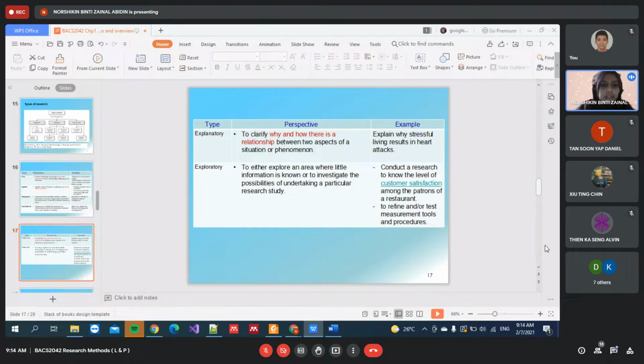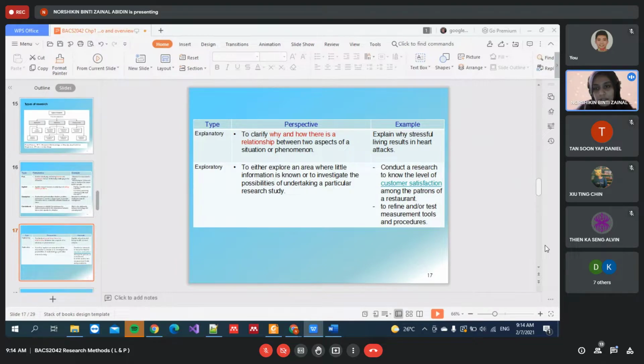Okay, that means exploratory is for any particular research or area of research where there are already previous studies. That means this is not a pure research, but the information or the knowledge is still not much. So you want to explore for more information or for more answers for your research.